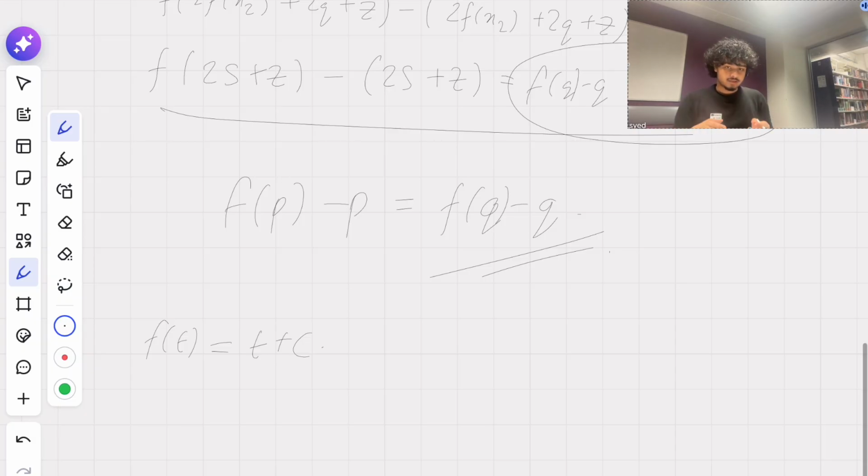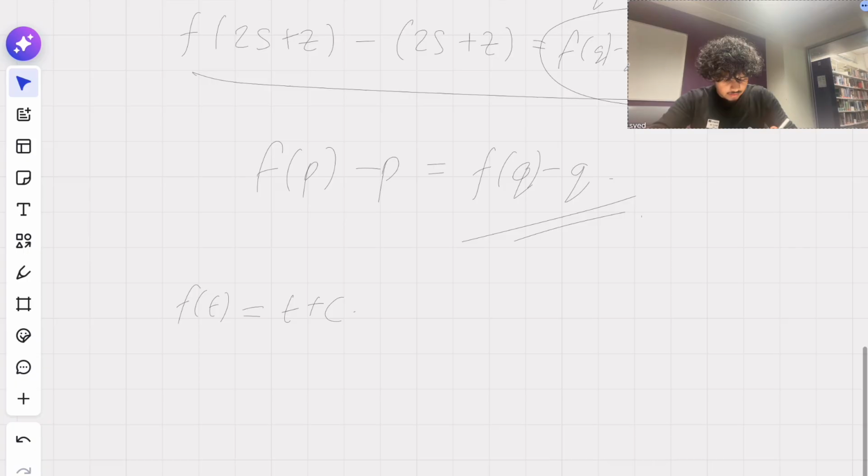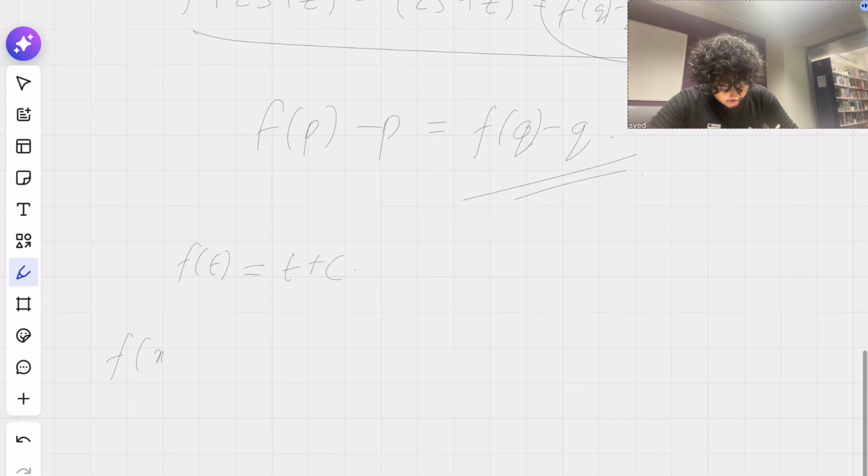So we're going to sub this back into the original equation. Remember that we had f(x + f(x + f(y))). This is going to be equal to, let's look at the inside first, f(x + c + y + c).